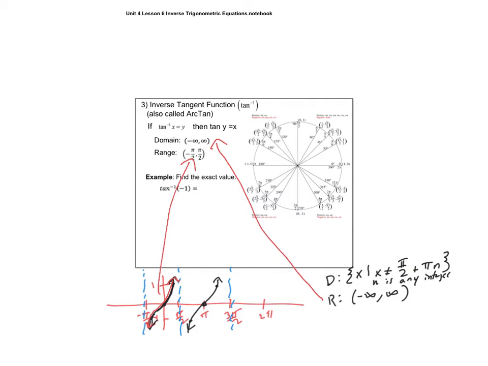That means negative pi over 2 is the same thing as 3 pi over 2, and it goes up to pi over 2. So tangent is restricted to quadrant 1 and quadrant 4.